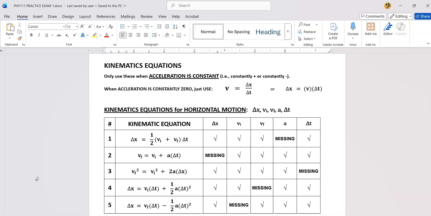Just use the simplified versions of the equations written in this top line: velocity equals delta x over delta t, that's displacement over change in time, or delta x, the displacement, equals velocity times change in time. And you can think of these as speed equals distance over time, and distance equals speed times time, respectively.